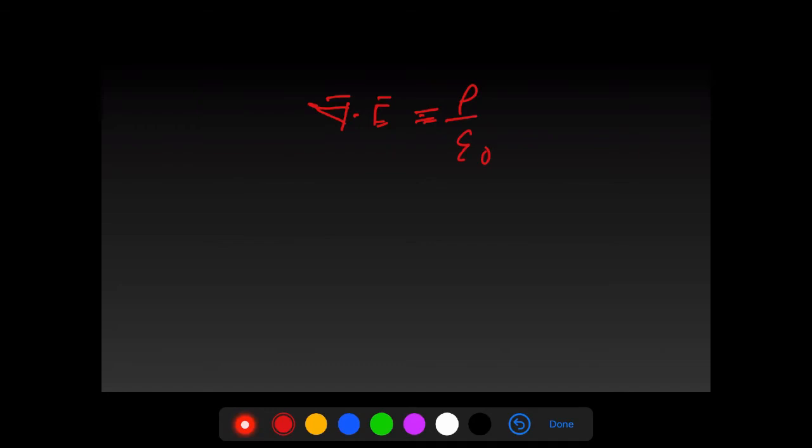Sometimes the Gaussian surface can be a cube, or sometimes it may be a sphere.